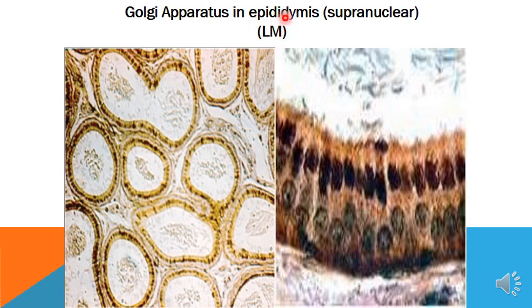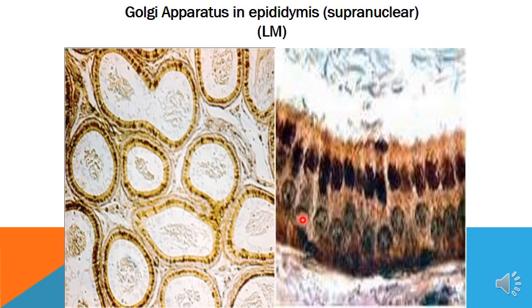This is an organ in the male genital system called the epididymis. The epididymis is formed of tubules. When cut transversally, these tubules appear as rounded circles lined with epithelial tissue. When taking this part of the circle and magnifying it in this picture, this part is lined with epithelial tissue.